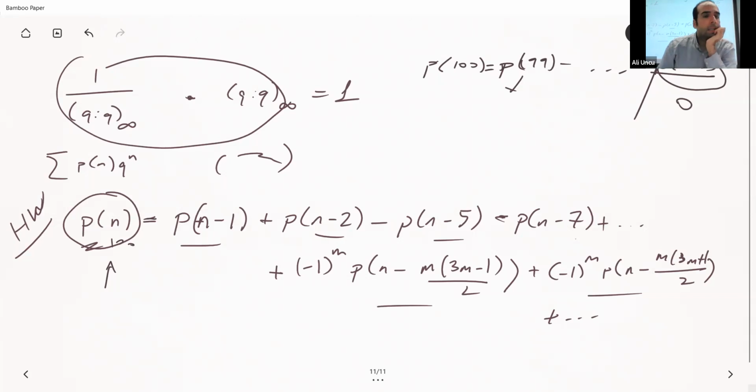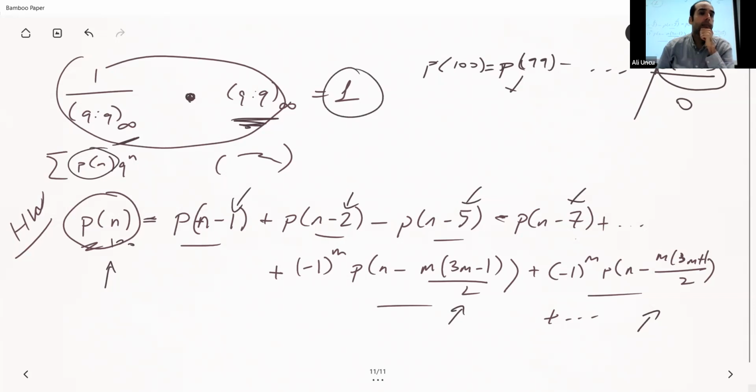And actually these are the pentagonal numbers anyway. That's the point. So you only need to go back with pentagonal numbers. That is, the generating function of the pentagonal numbers is that guy. This is the generating function for the number of partitions. So we look at the convolution, and the convolution we know is 1. So these numbers must be equal to each other.